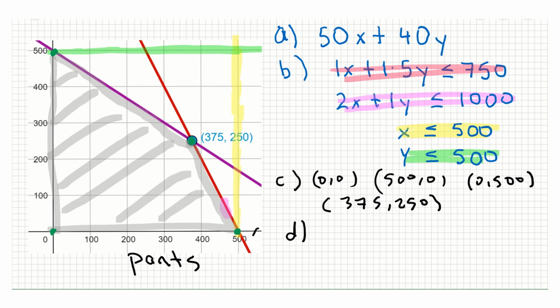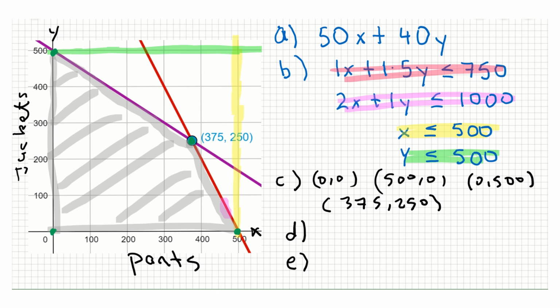Remember this axis here is the x-axis, and this axis here is the y-axis, which represents the number of jackets. So he could make up to 500 jackets, that's along the y-axis. He could make up to 500 pants, that's along the x-axis. But there's an optimum number that will help him make the most money.